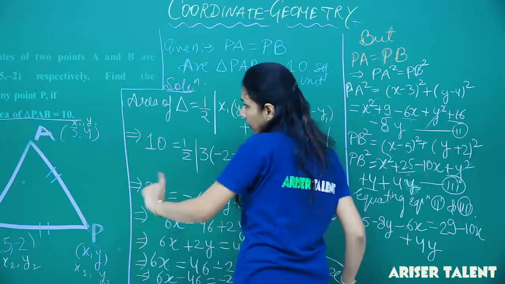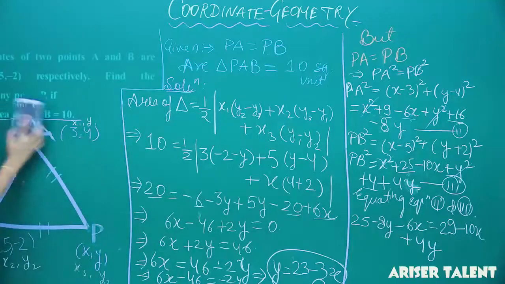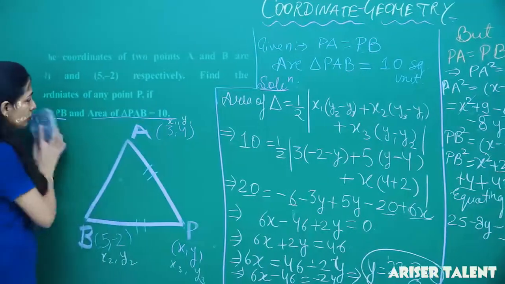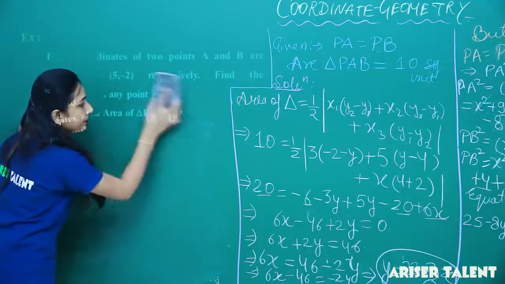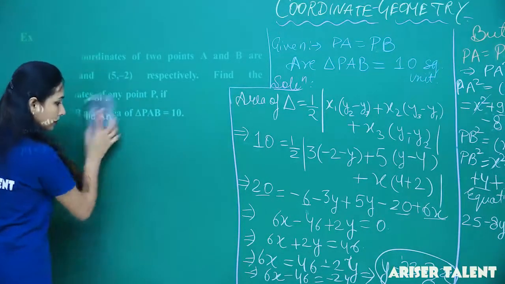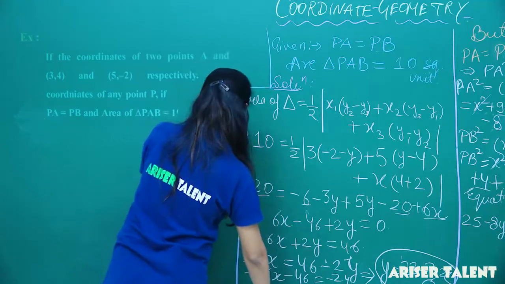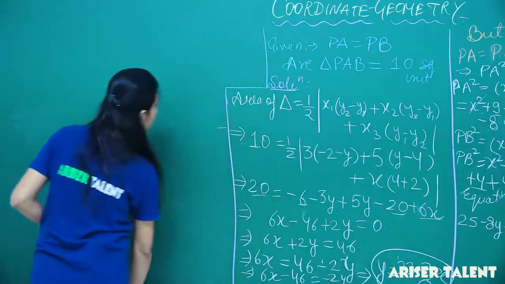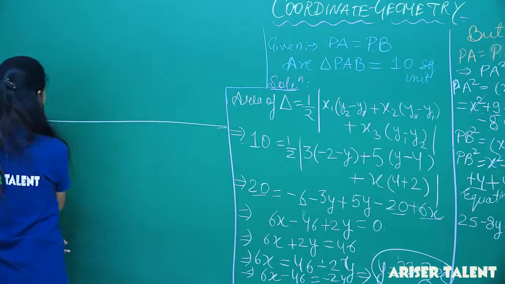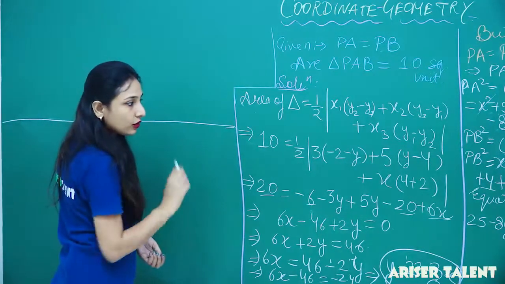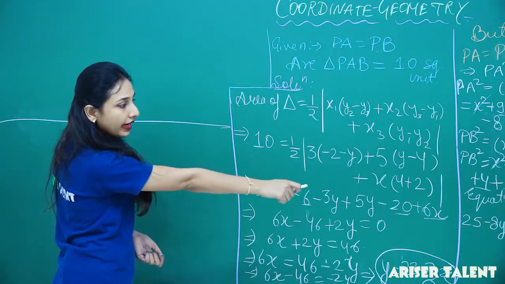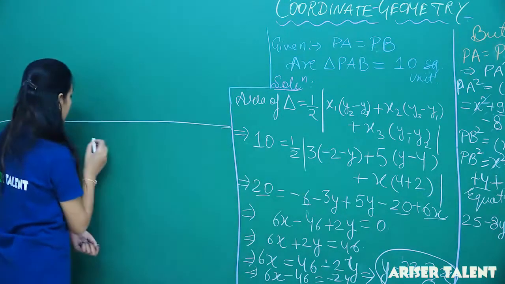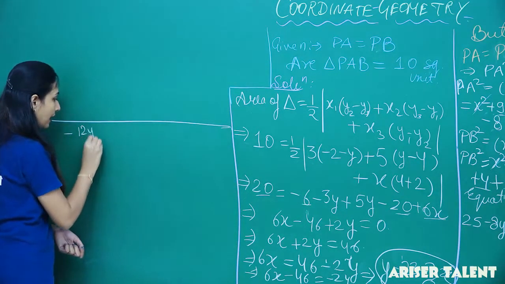So I'll be rubbing this figure here, so just copy it. So if you calculate this, that will be minus 8y and this is 4y, so that will be minus of 12y.